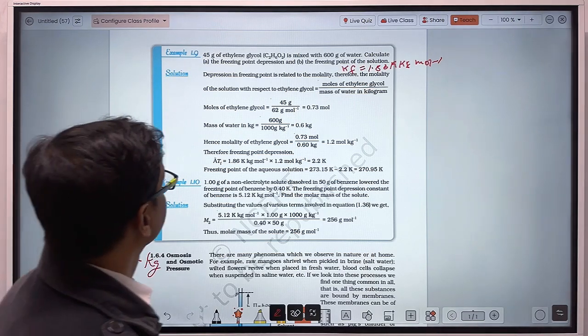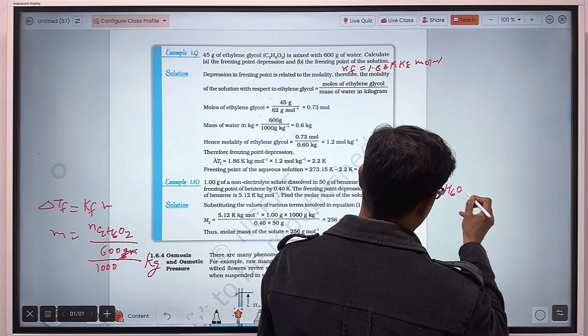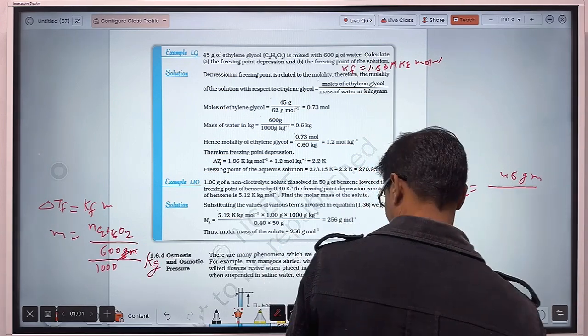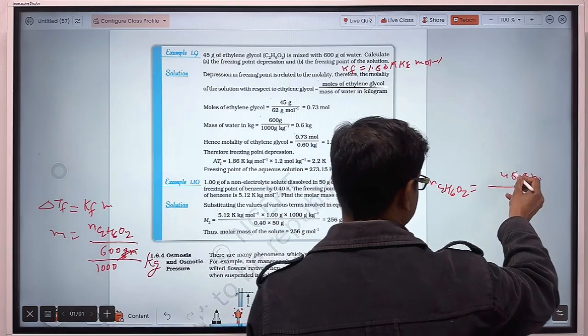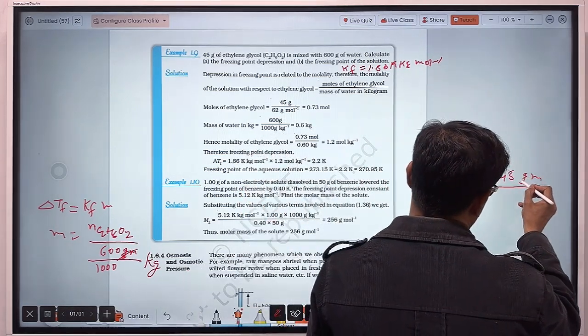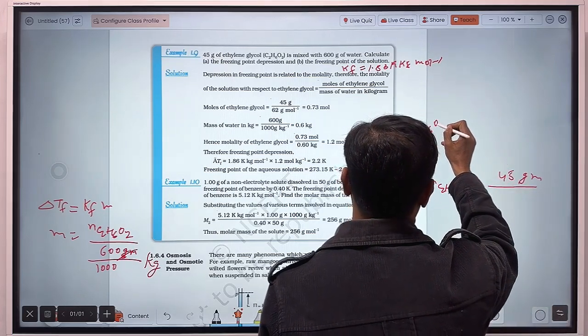Number of moles of ethylene glycol will be how much? It is 45 gram upon the molecular weight of ethylene glycol.